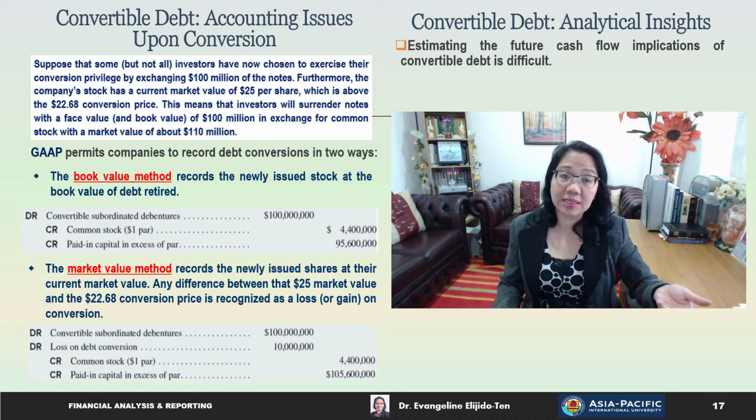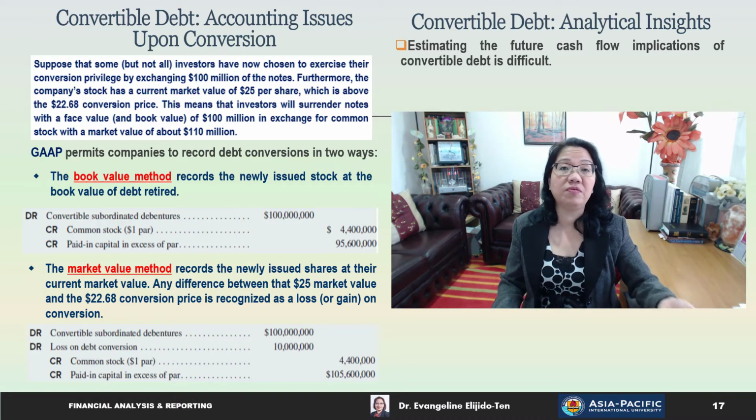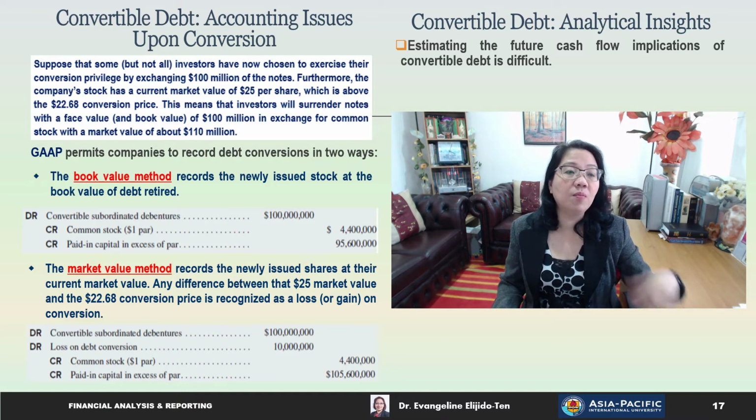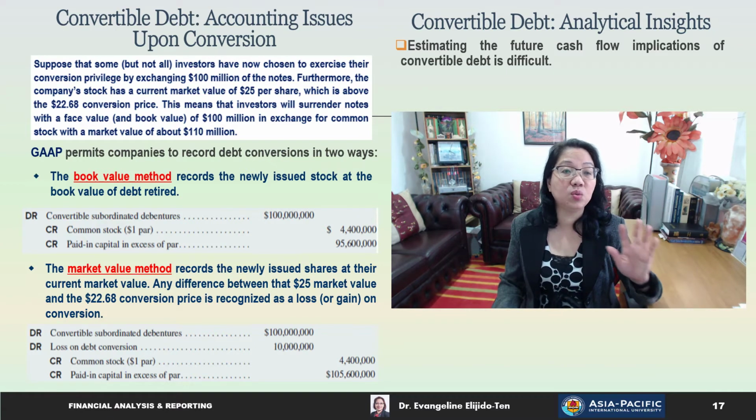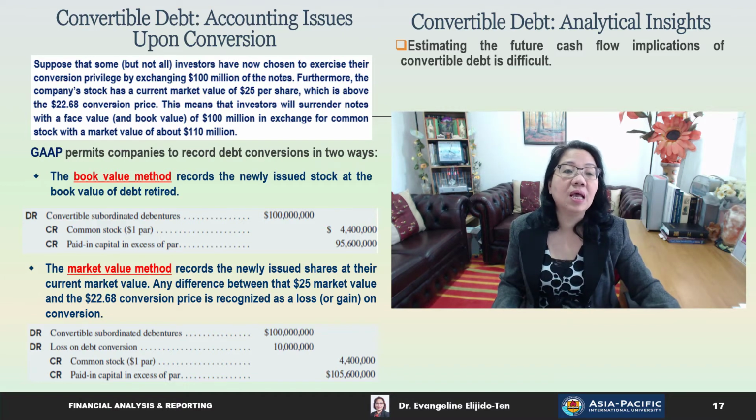Now, option pricing methods can be used to evaluate the probability of conversion over long time intervals. But for short-term projections, a simple comparison of the conversion price with the current market price may actually prove informative.